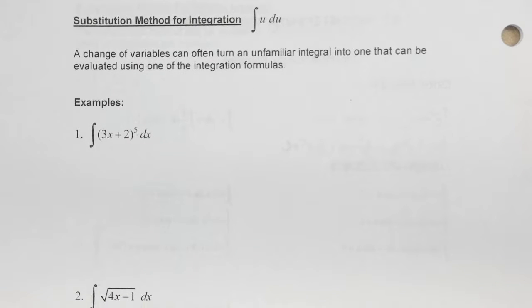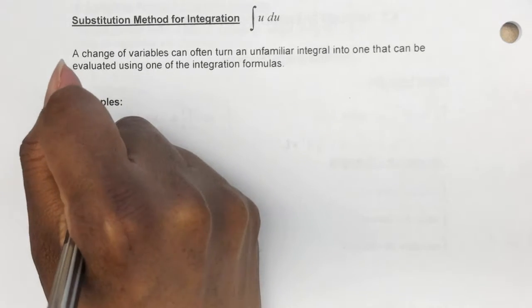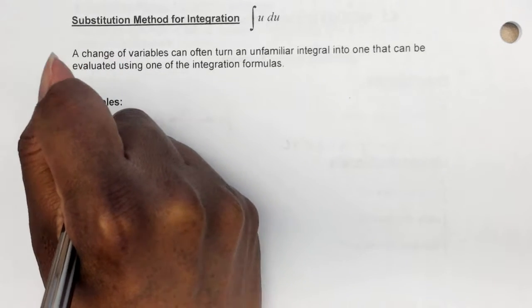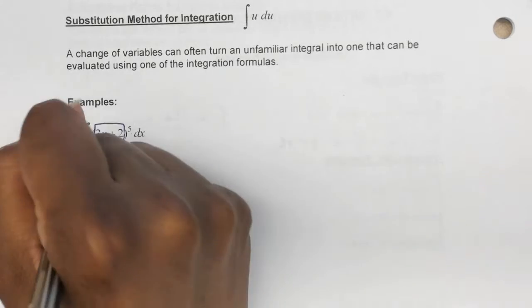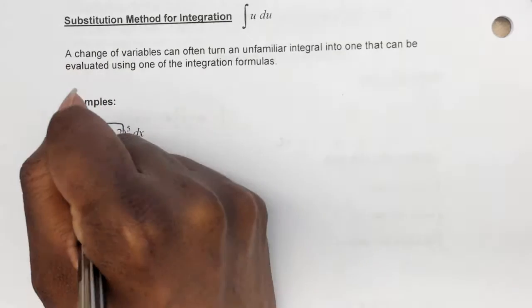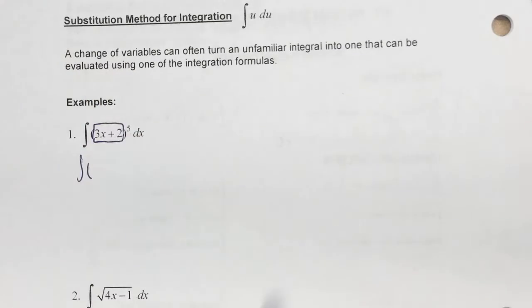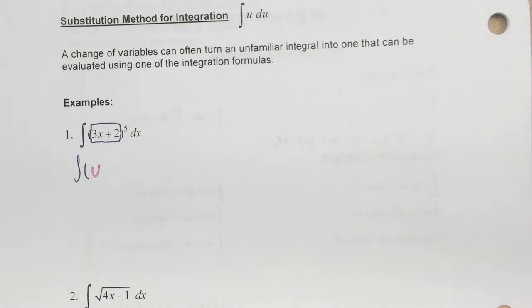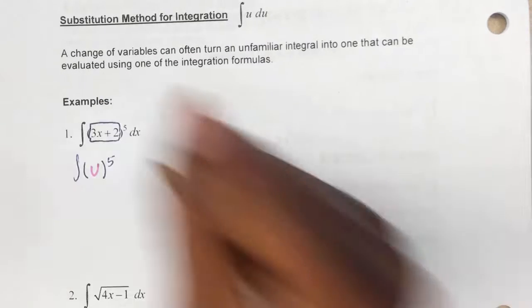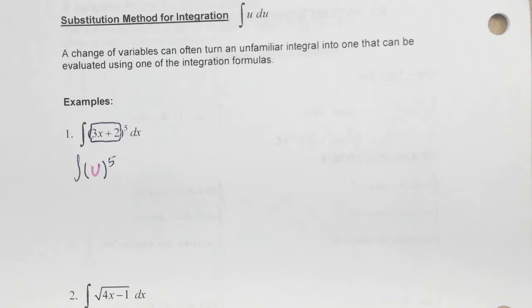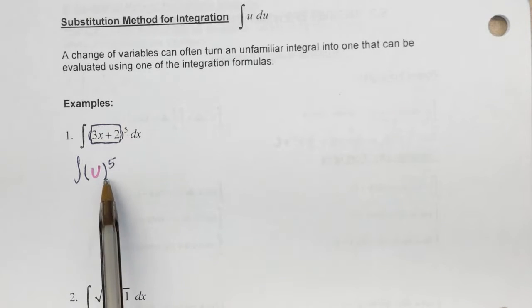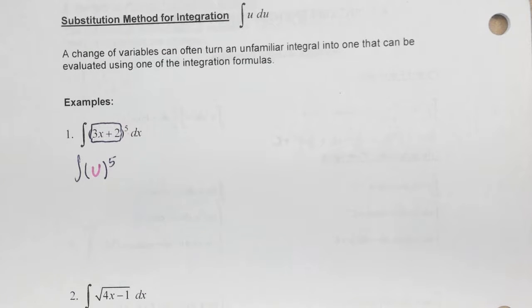So instead I'm going to take 3x plus 2 and call it u. So that now is something that we can integrate a lot easier.